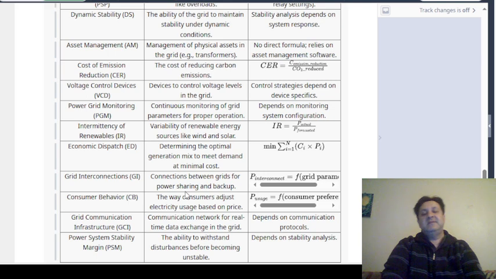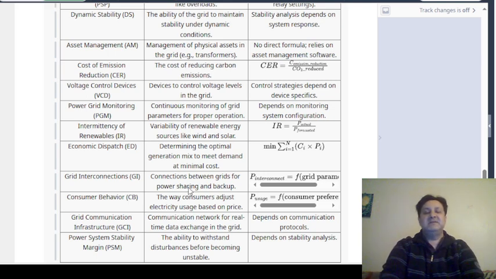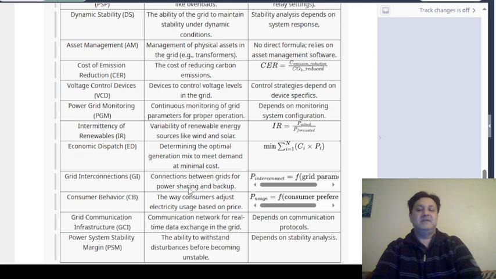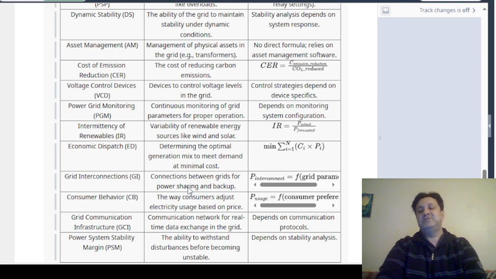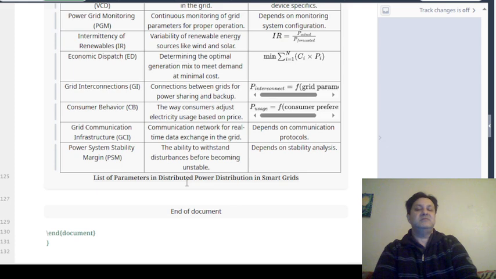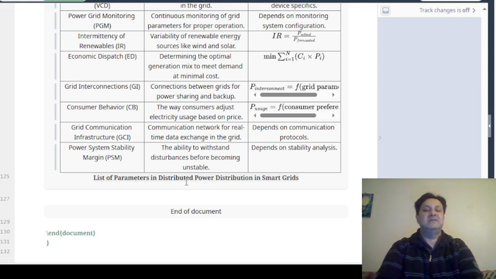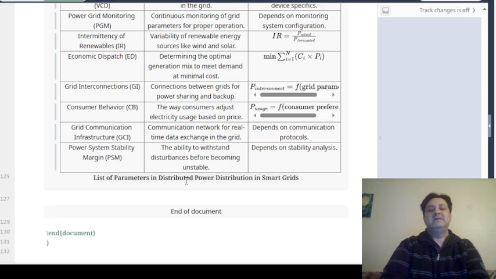Now, the important thing that we usually discuss when we do the optimization is economic dispatch, which determines the optimal generation mix to meet demand at minimal cost. If I am meeting my demand but my cost is higher than expected, then there is no use of it. So there are certain equations for that, you can see in column number three.